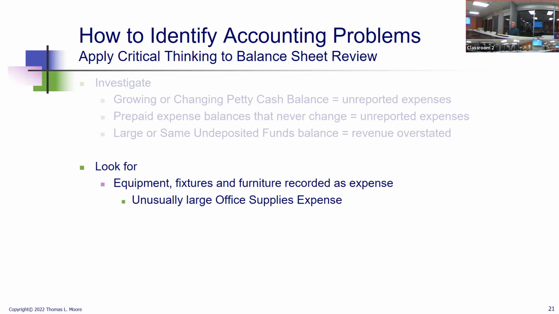Another thing is looking for equipment or fixtures or furniture that's recorded as an expense. If you recall, our income statement has a line in there for fixtures, furniture, and expenses, right? But typically, if you're buying equipment or furniture or machinery, that has a life longer than 1 year.